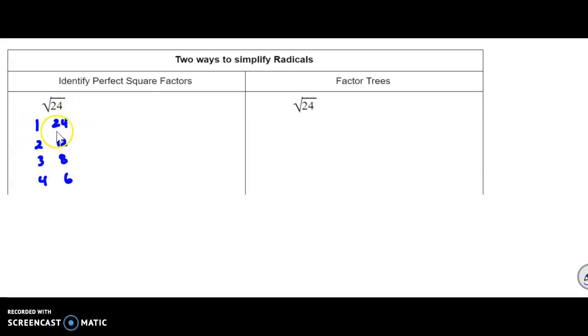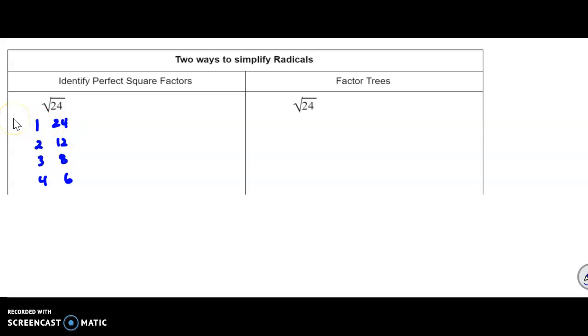So what I'm looking for is, within a pair of these factors, the pairs that multiply to 24, I want a pair where at least one of them is a perfect square number, right? For instance, let's look at this 2 and 12.